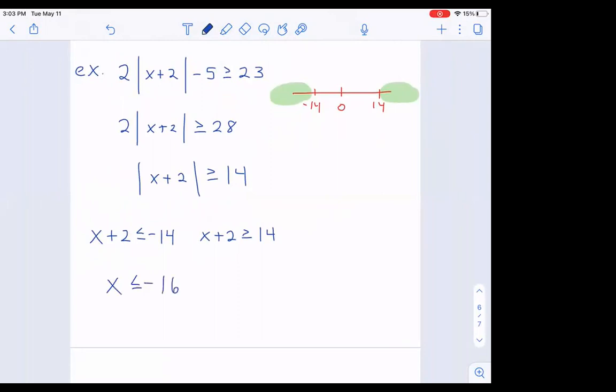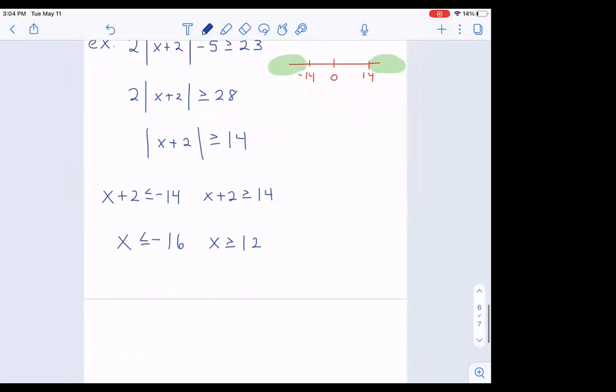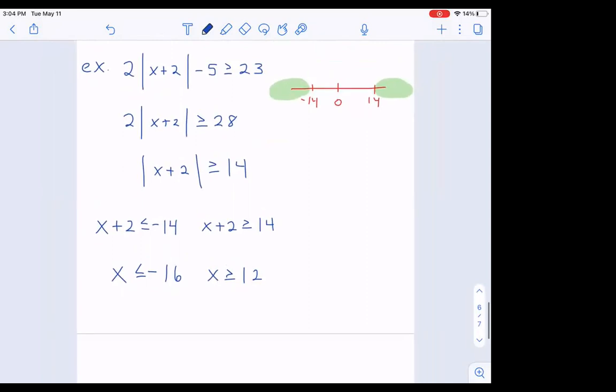We just solve both of those. Notice we have two regions, so we're going to need a union within our answer, because we want numbers that are less than or equal to negative 16 or greater than or equal to 12. In interval notation, it would be from negative infinity to negative 16, inclusive because of the equal sign, union, from 12, inclusive, to infinity.